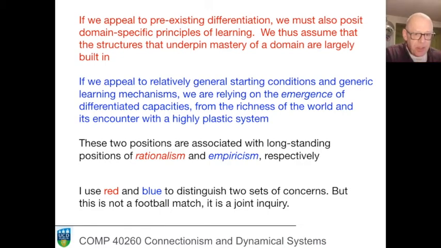The rationalist perspective on this appeals to pre-existing differentiations, suggesting that there are domain-specific principles of learning, so that there are already, for example, certain tendencies to listen to the kind of stuff that's going to turn out to be linguistic. And that's quite separate from the kind of stuff that will enable, for example, fine motor control.